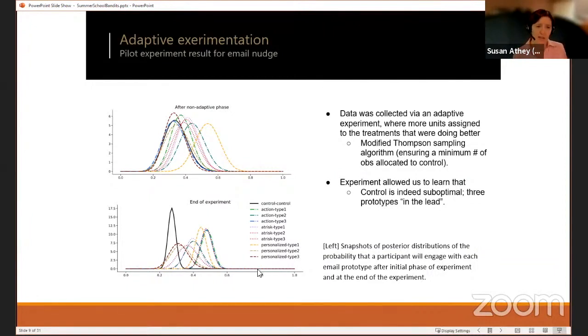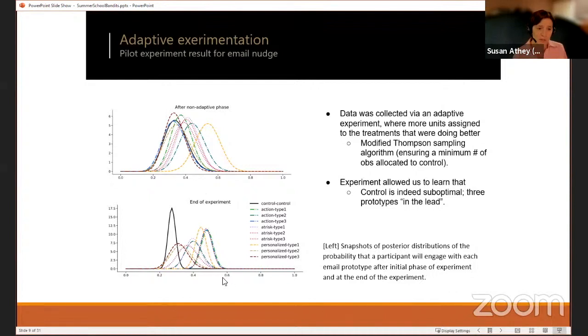The top picture is what we had after the first batch, where we had pure randomization. You can see that of course there's a little bit of heteroscedasticity because the variance depends on the mean. But overall, we have similar variances across the different arms because we had been allocating the same number to each arm.